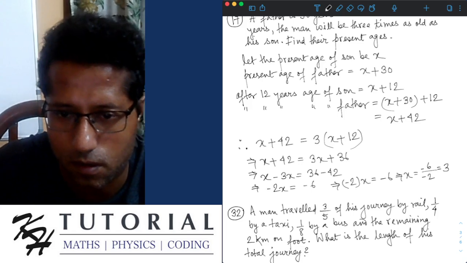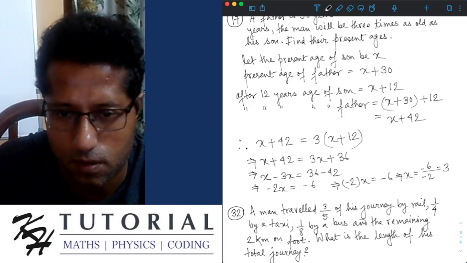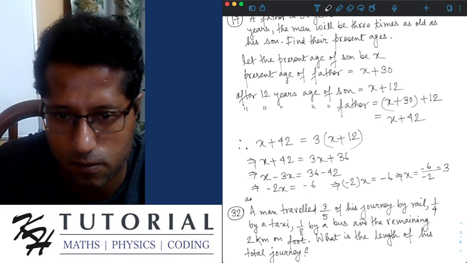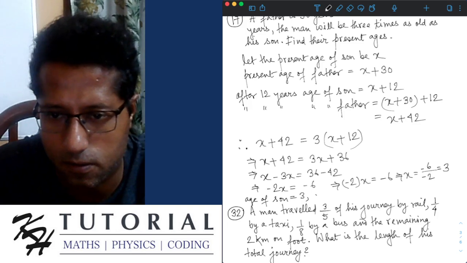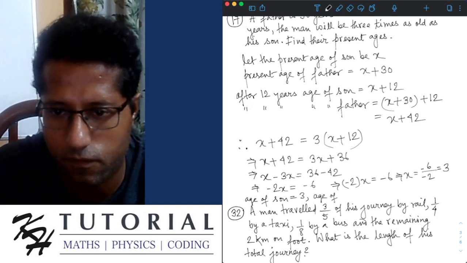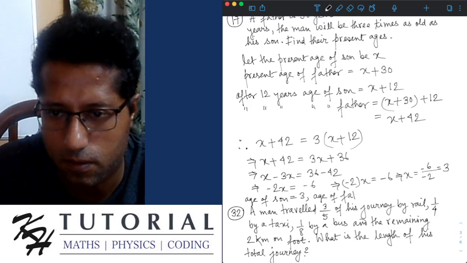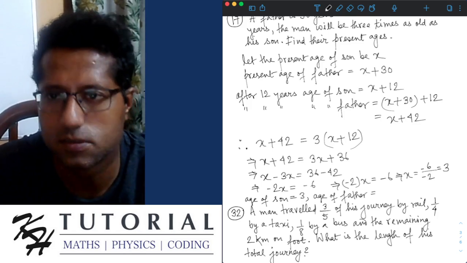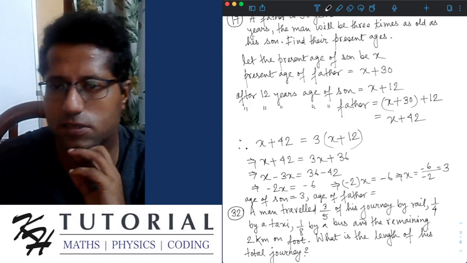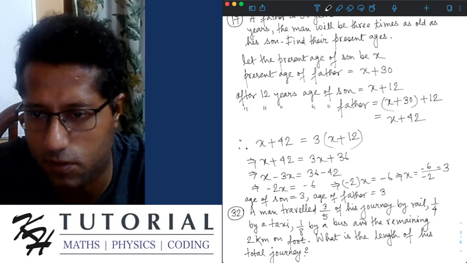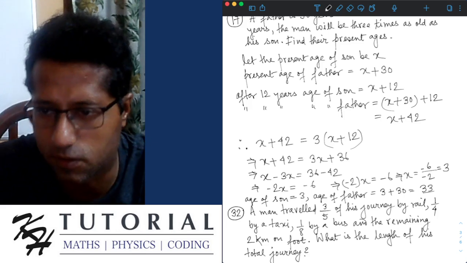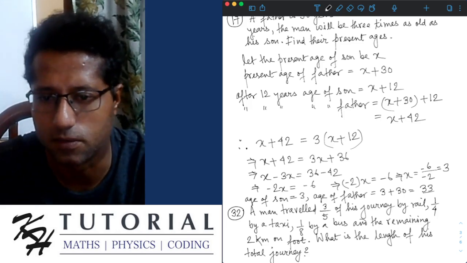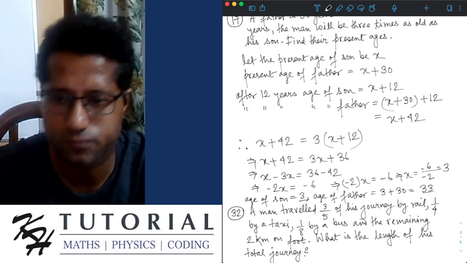Therefore, age of son equals 3, and the present age of father we know is x plus 30. So 3 plus 30 is 33. So 33 is the age of the father and 3 is the age of the son.